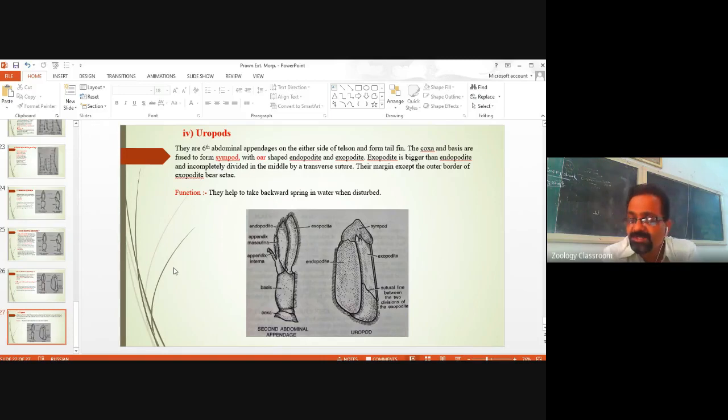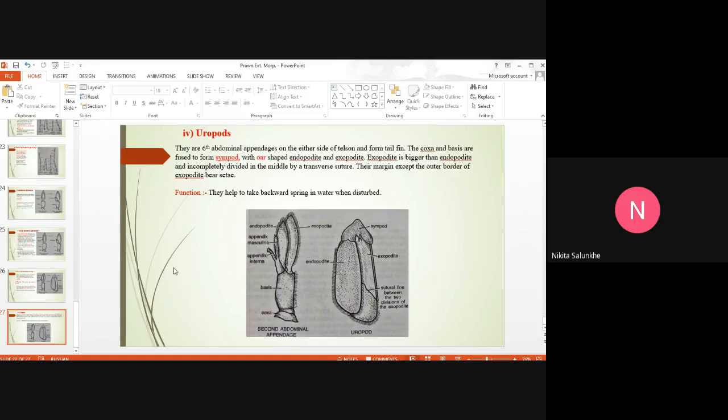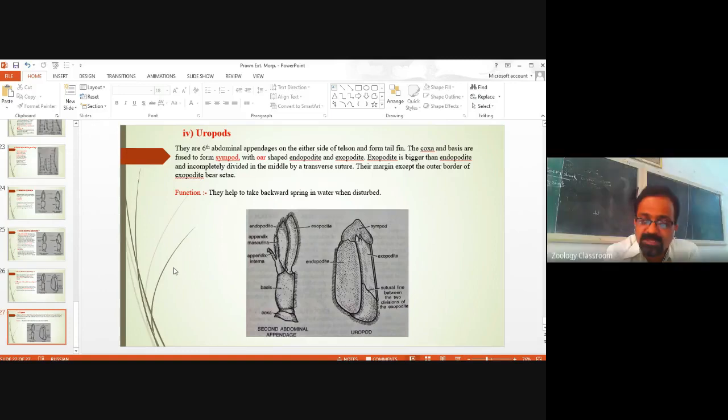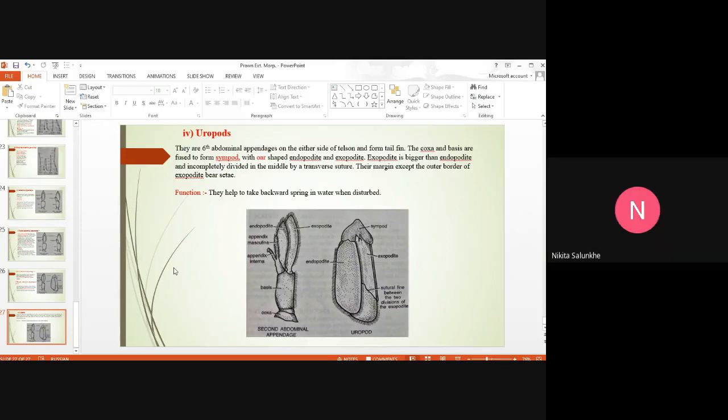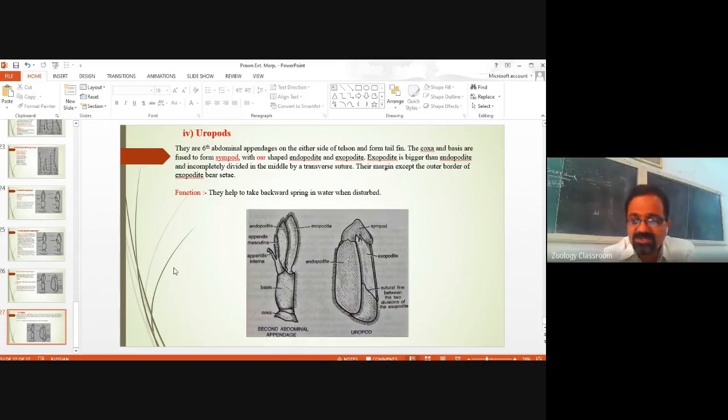In the cephalic region, the first pair is antennules, followed by antenna. Now tell me whether my statement is right or wrong: antennules and antenna are post-oral in origin. Still you are having confusion.